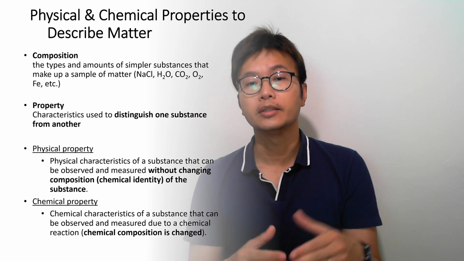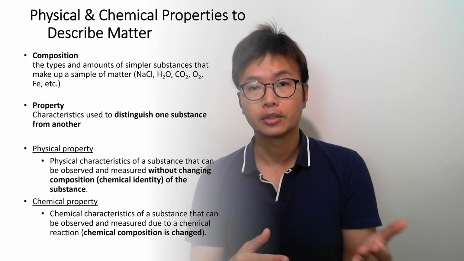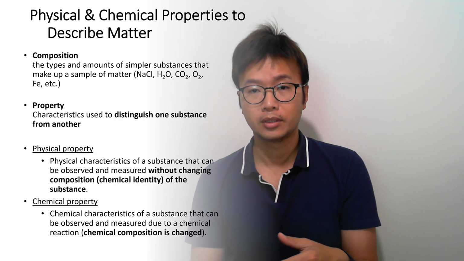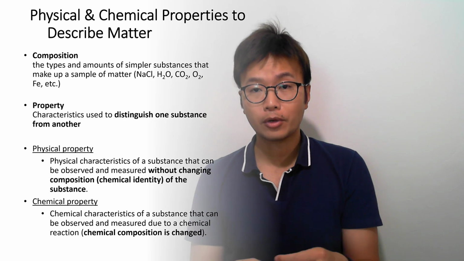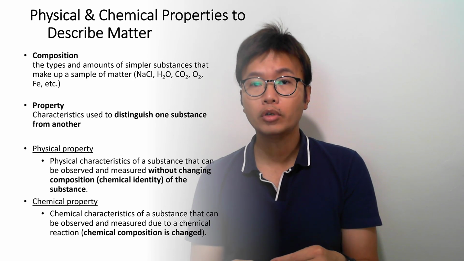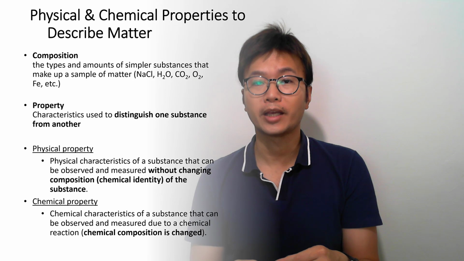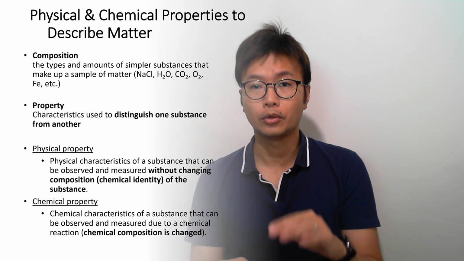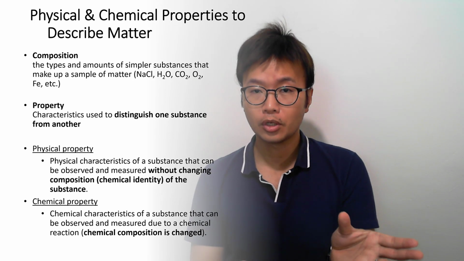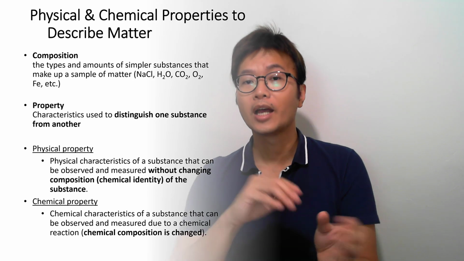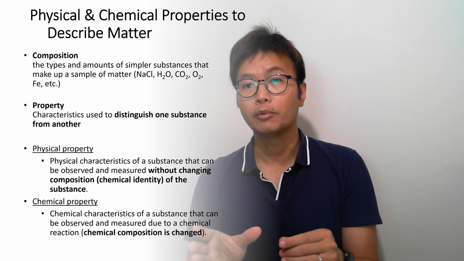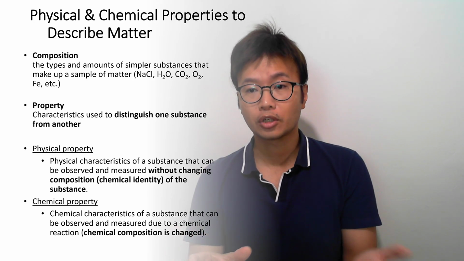And the other type of properties is called chemical properties. Those chemical characteristics can only be observed during a chemical reaction. So think about physical properties as without changing composition. Chemical properties will be something that changes the composition.